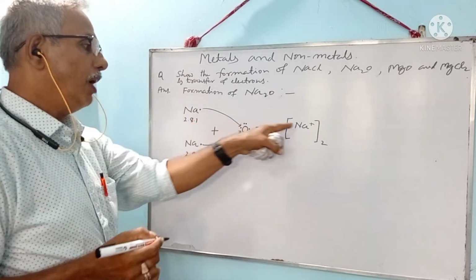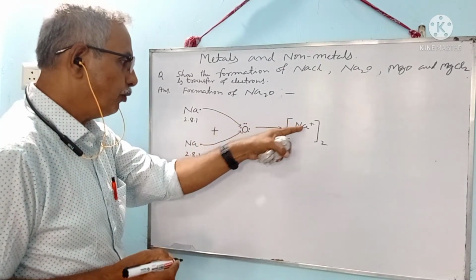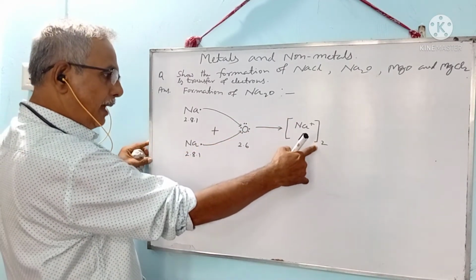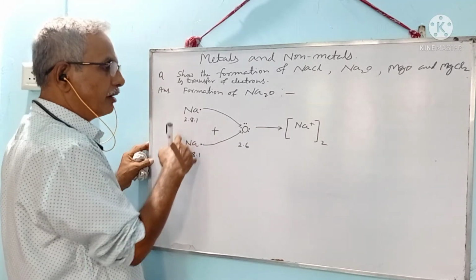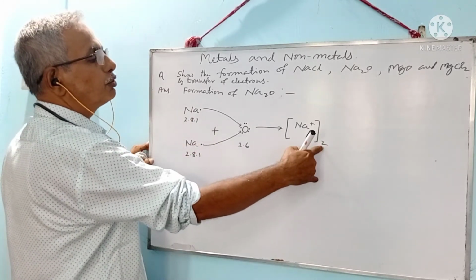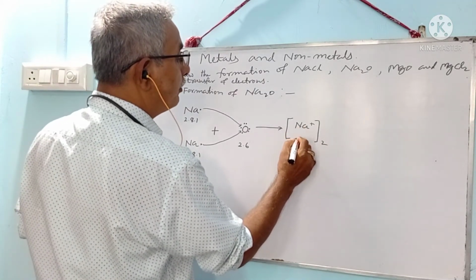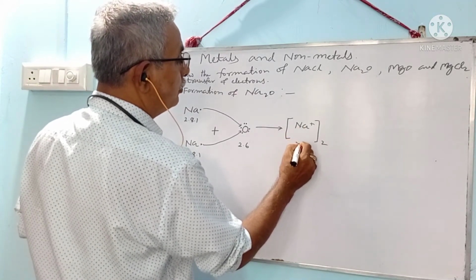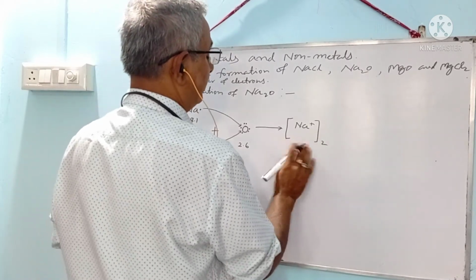So it became one positive. Here this is also lost, so it became one positive. And why have I mentioned 2? Because there are 2 sodium atoms. If it could be 3, then I was supposed to write 3. Now the electronic configuration of sodium will be what? Here 2, 8. This is the electronic configuration, no need of writing.